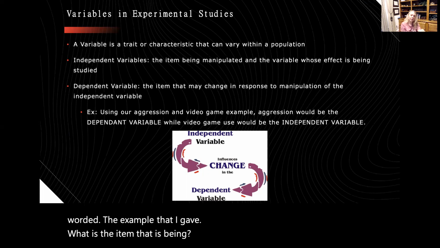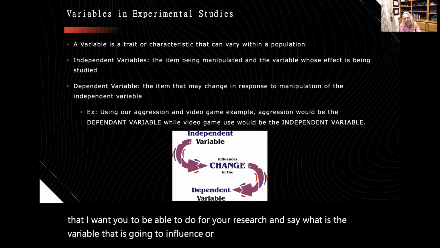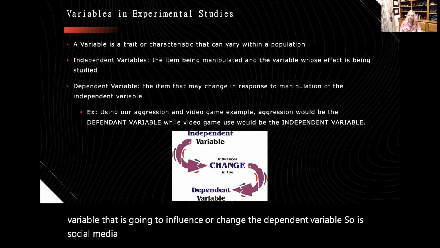Okay, so when you look to your own studies, this is something that I want you to be able to do for your research: say what is the variable that is going to influence or change the dependent variable. So is social media going to influence women's self-image? And so then you're looking at, well, is it the type of social media?